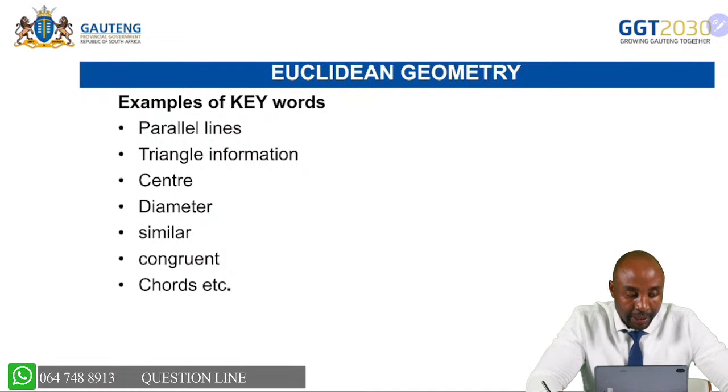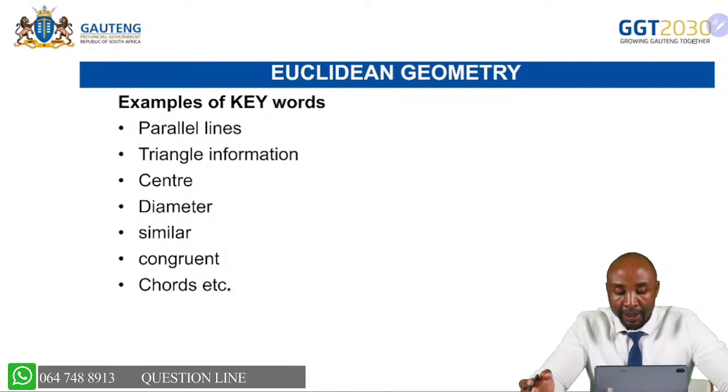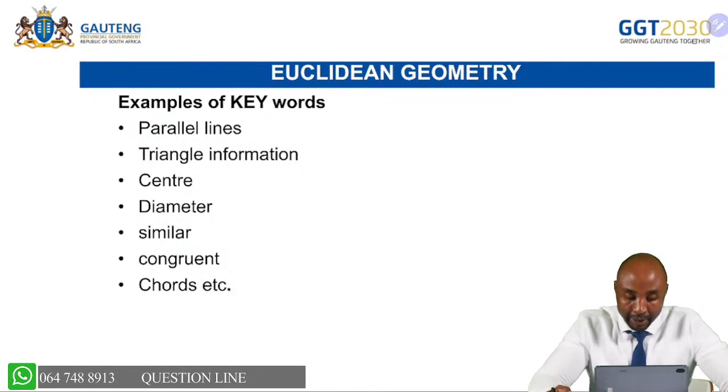Triangle information. A triangle has vertices, it has 3 sides, it has 3 angles. You can be given information about angles. You should be able to link the information about angles to the sides. You can be given sides, you can link information about the angles. So we should be able to do that.